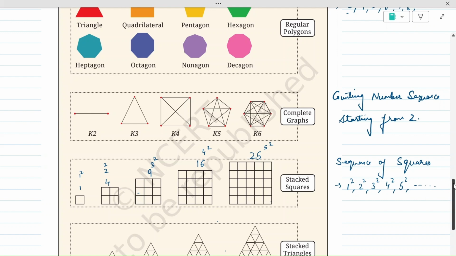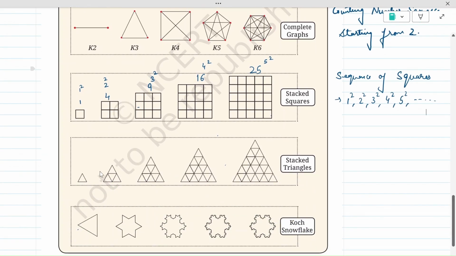Right? Next, we have stacked triangles. We have one triangle here, then 4, then 9, then 16, then 25 triangles.